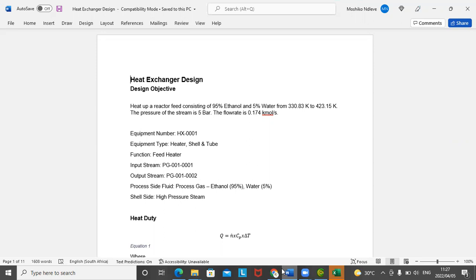Now, one thing you want to do is get into a habit of being formal in terms of your annotations, in terms of your equipment numbering, because that will help you when you get to things like PNIDs design, PFDs, your documentation of your work.